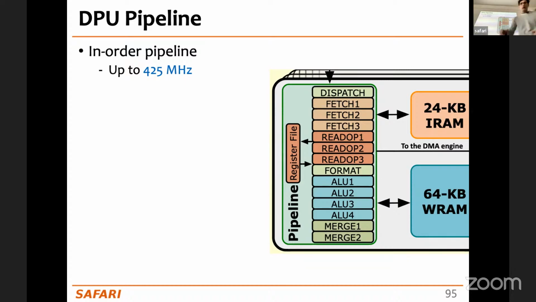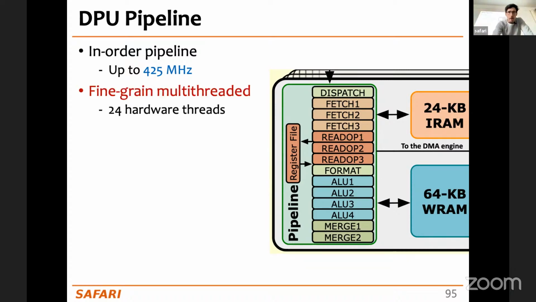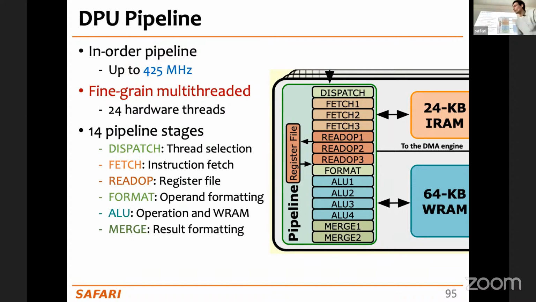So if you check the DPU pipeline, you'll see that in total, there are 14 pipeline stages. As soon as you have a basic knowledge about computer architecture and in-order processors, you'll see that these pipeline stages are the typical ones for thread selection, instruction fetch. The instructions reside in that memory at the top that is called instruction RAM.